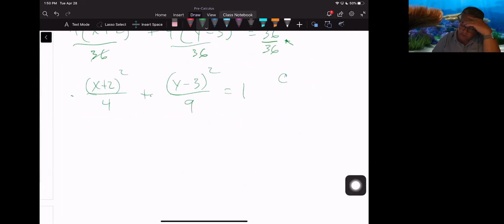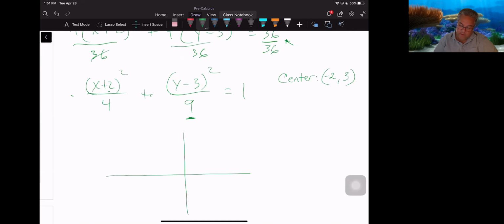Let's go ahead and start picking out all our information here. Our center is at (-2, 3), right? You take the opposite of what's inside the parentheses here. Does this open up or down or left and right? It opens up and down because the larger number is under the y. So let's graph this guy. See what happens here.